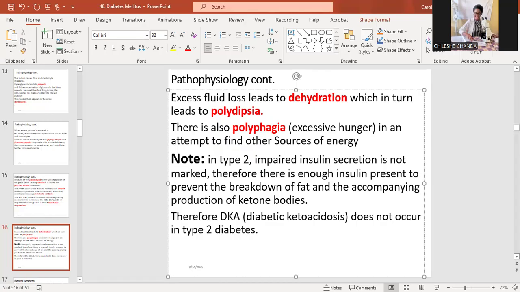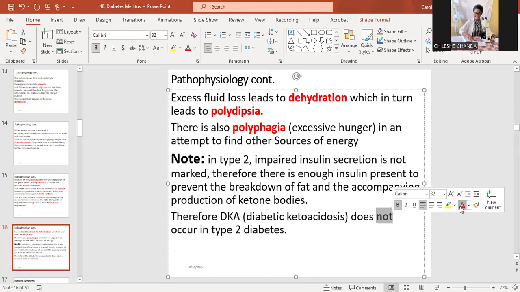So this patient in type 2 has enough insulin, and because insulin is there, there is no breakdown of fats. Because there isn't any breakdown of fat, there is no formation of ketone bodies. So in type 2, the patient is not predisposed to diabetic ketoacidosis.